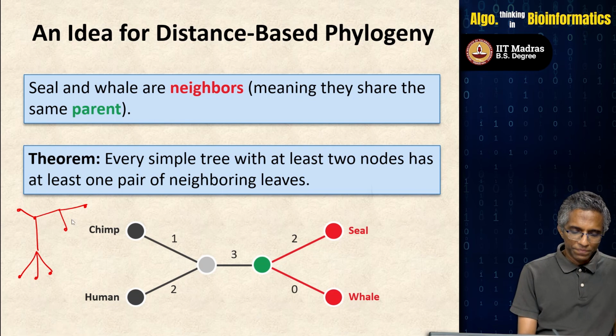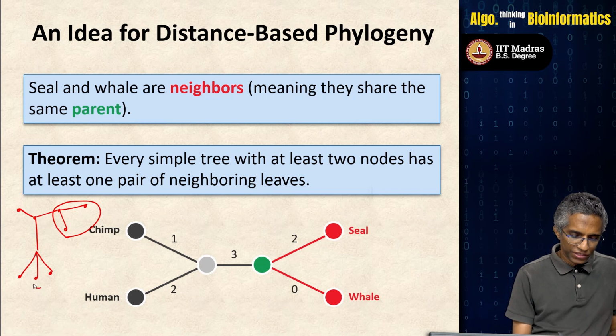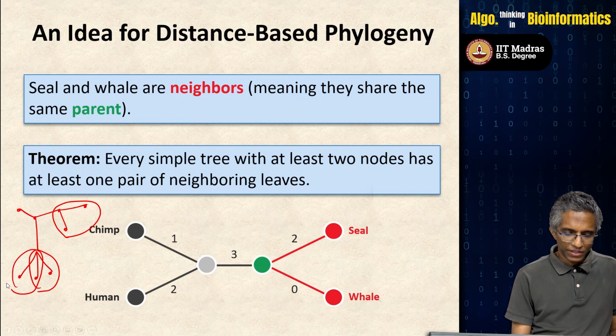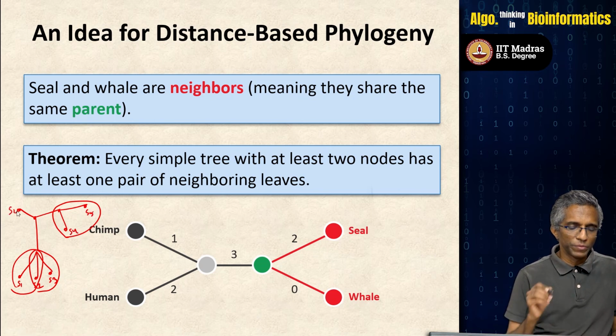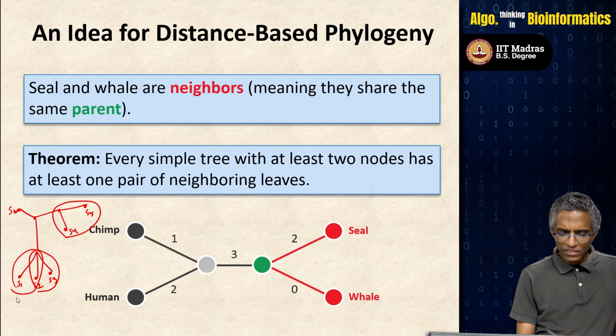So, here is a tree, here is one cherry, here is another cherry, here is another cherry, and if these species are called S1, S2, S3, S2, S3 is one cherry, S1, S2 is another cherry, and S1, S3 also forms a third cherry. Here this may be S4, S5, S4, S5 is a cherry, S6 is not forming a cherry. Okay. So, this is one example.